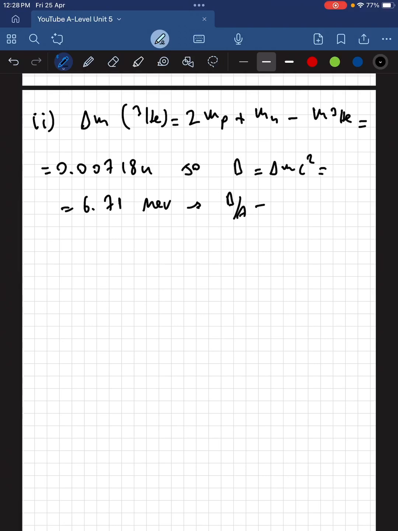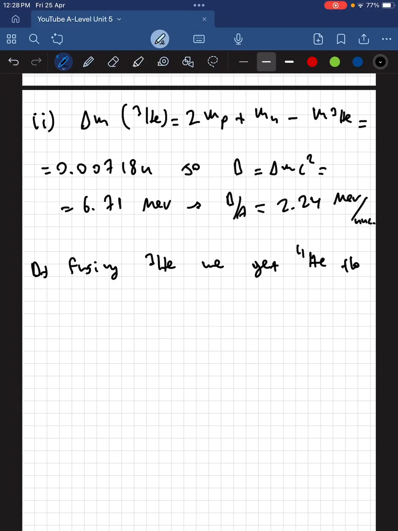So B over A, the binding energy per nucleon, we have to divide by 3. We find 2.24 MeV per nucleon. So by fusing helium-3, we get helium-4 that has a higher binding energy per nucleon, as promised, right? Remember when we saw the chart, we said that by fusion we get more stable elements, so here it is.